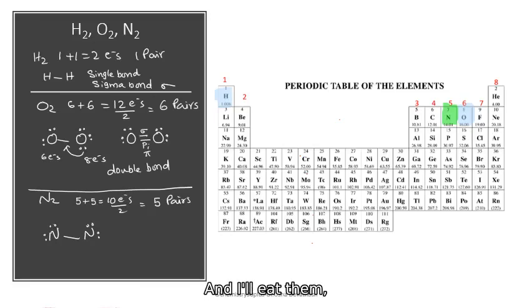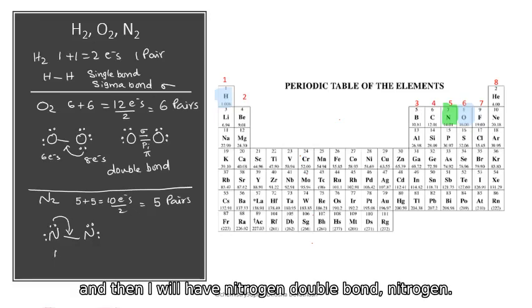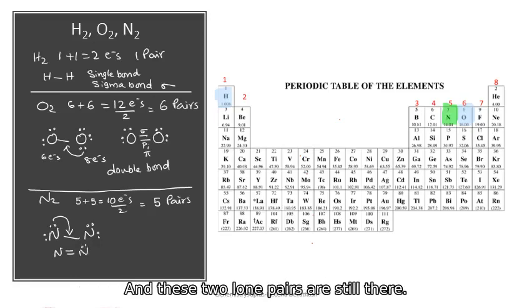Now each nitrogen has 6 valence electrons around it, and we have to have 8. So I will transfer one pair to the center, and then I will have nitrogen double bond nitrogen, and these 2 lone pairs are still there.